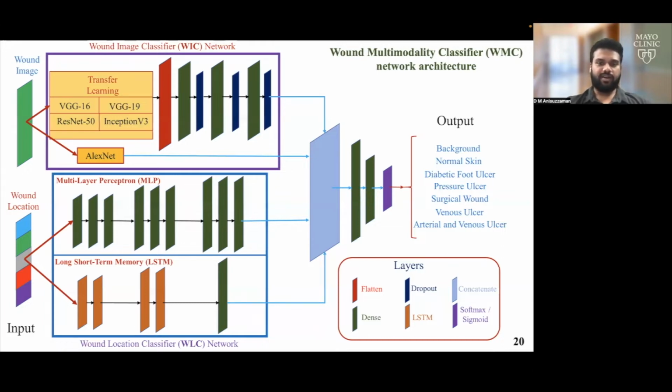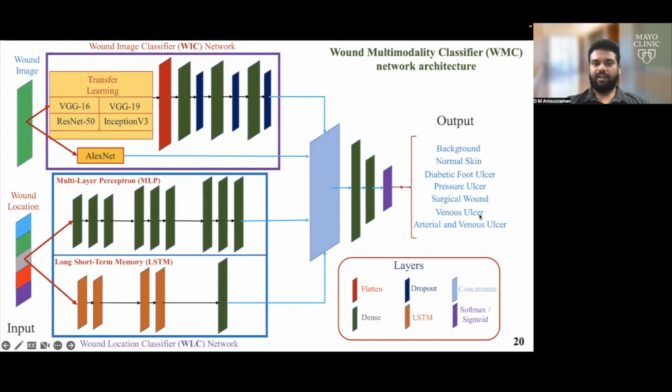So what the whole model does is that we pass the image through the image classifier network and the location through the location classifier, and then we concatenate the features extracted from these two classifiers, pass them through some more dense layers, and then to the output layer, which will give us one of the 6 classes.